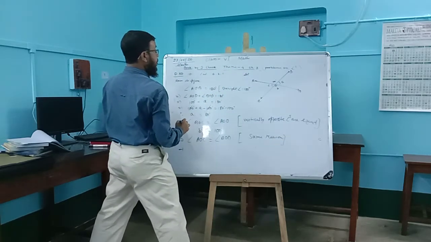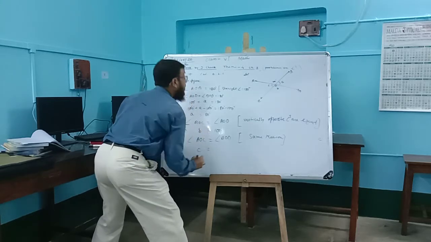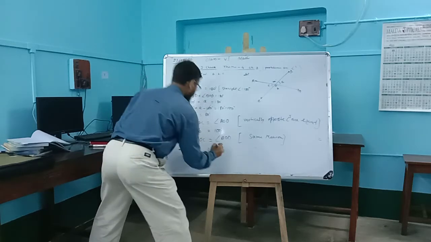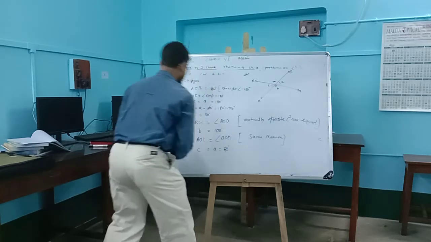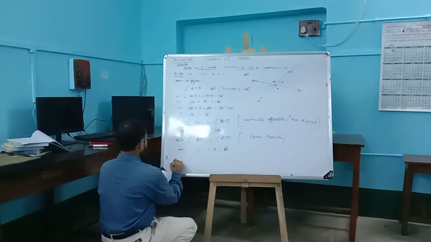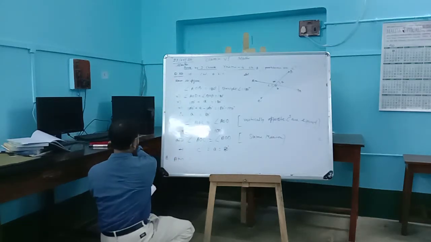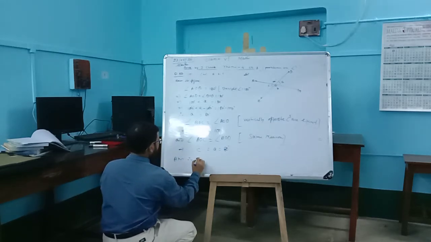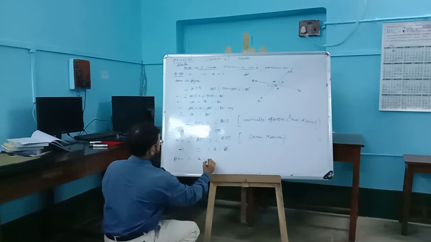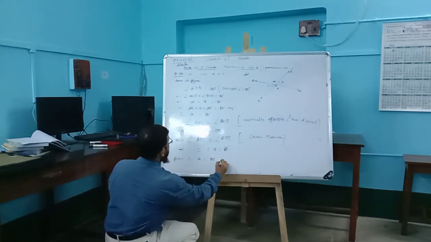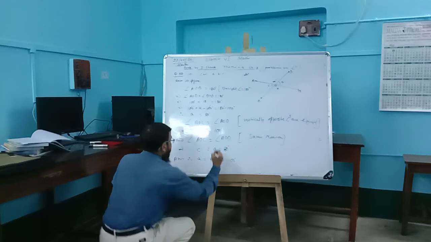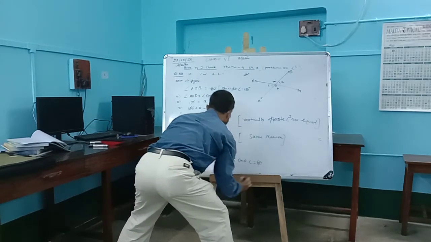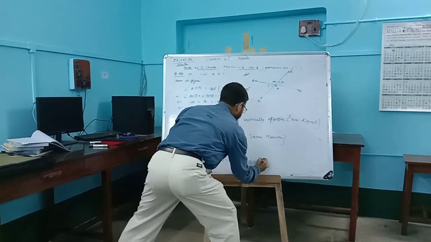This implies AOC, that is C, equal to A equal to 80 degrees. Answer: A equal to 80 degrees, B equal to 100 degrees and C equal to 80 degrees.